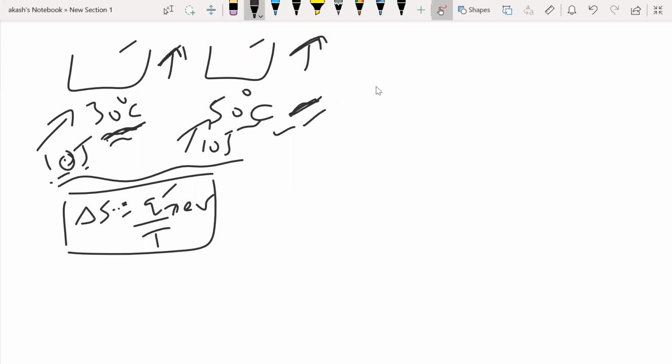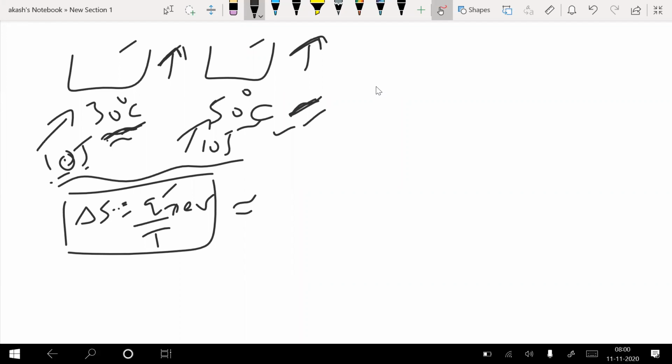Now, can you tell me from this, what will be the unit of delta S, or say the entropy? Just look at the equation and tell me what will be the unit.